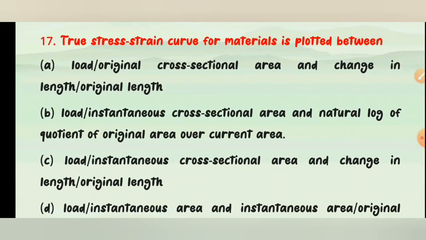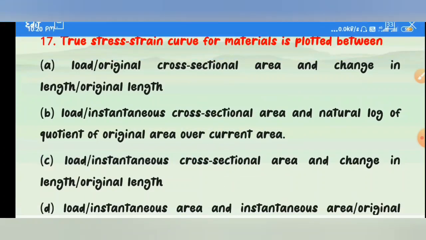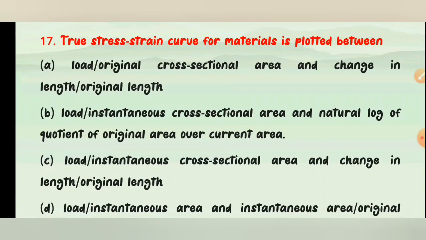Next, the stress strain curve for materials is plotted between true stress and true strain. True stress equals load by instantaneous or current cross sectional area, and true strain is the natural log of the quotient of original area over instantaneous area.